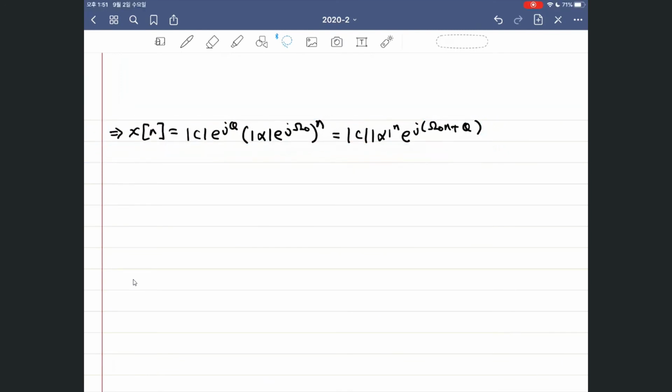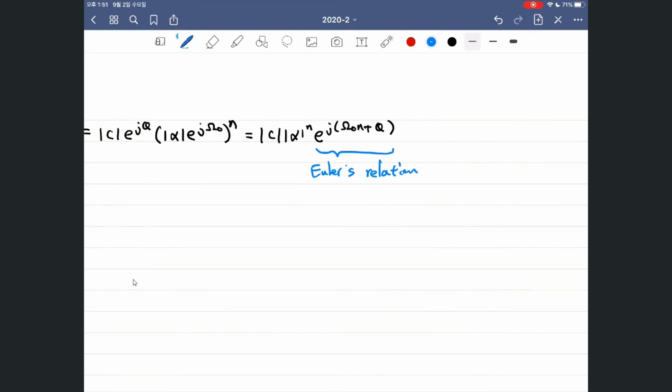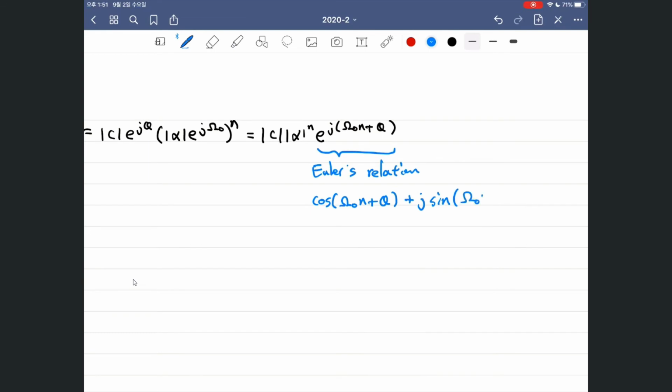And we will again use Euler's relation for the exponential term. There will be cosine of omega 0 n plus theta plus j times sine of omega 0 n plus theta.